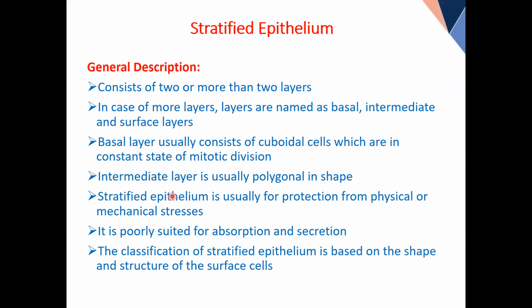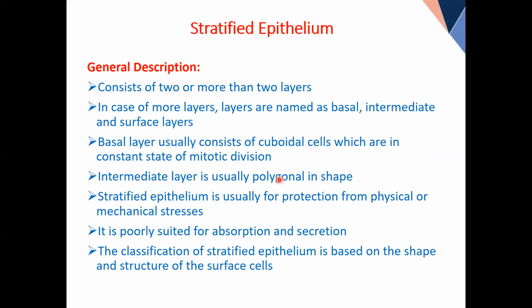Now, the surface layer determines the name of the epithelium. If you remember, when I was giving you the criteria, I told you that the cell shape on the top is considered for naming the epithelium. So it can be squamous, it can be cuboidal, it can be columnar. We will see. Now, the basic difference between simple type of epithelium and stratified epithelium is that stratified ones in general are for protection.